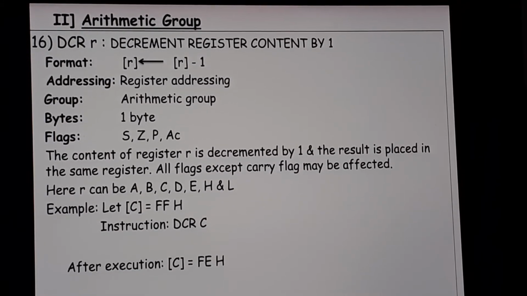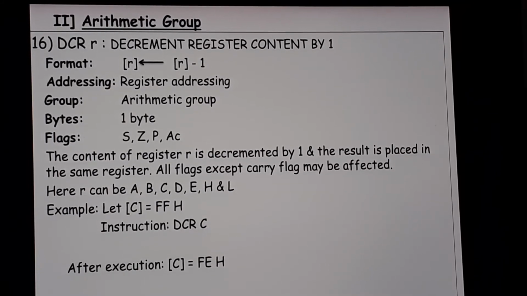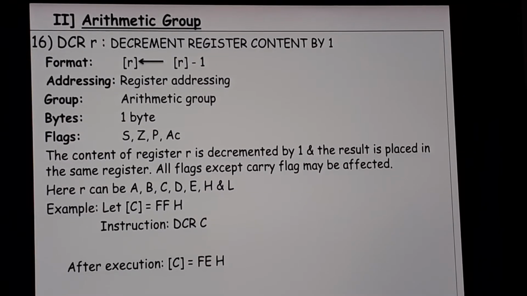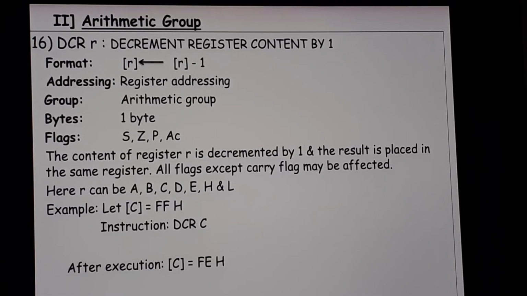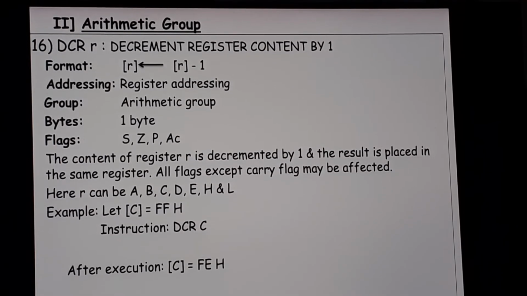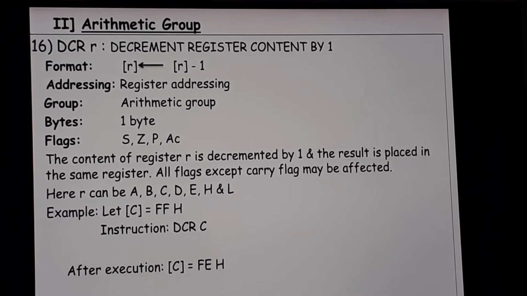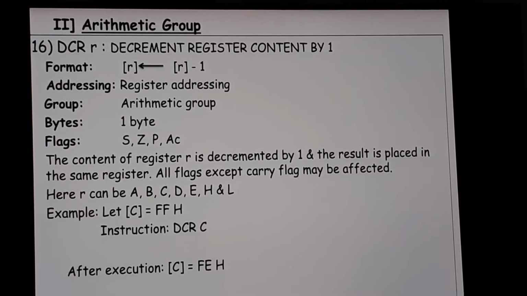Your R can be any of the registers, that is A, B, C, D, E, H and L. Here I have taken an example register, which I have assumed as C. You can take any register. I have assumed C is equal to FFH, 8-bit data. If you want, you can take D, E, H or L register with 8-bit data.